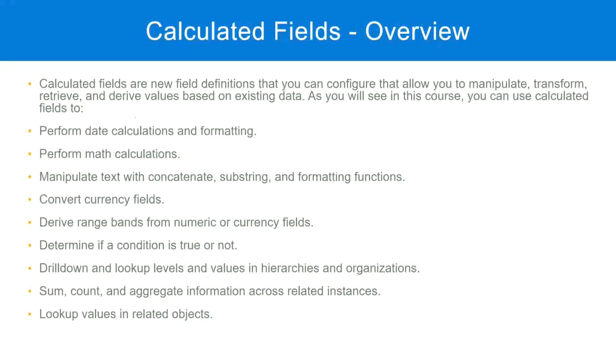So, depending on the years of experience of the worker, you want to categorize that into some bands. So we will be able to create range bands from a numeric or currency field. We can determine if a condition is true or not, right?